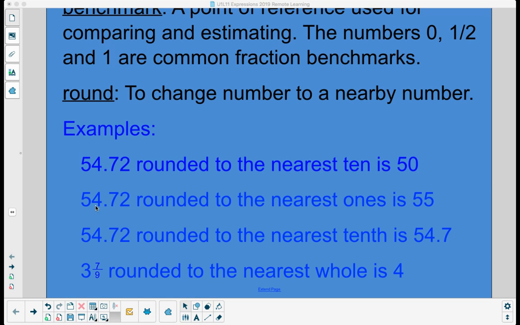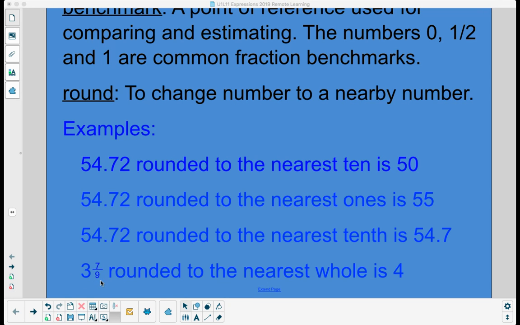When rounding to the nearest ones, it takes 5 tenths to be halfway to another 1 whole. I have more than 5 tenths, so I round up to 55 ones. When I round to the nearest tenth, it takes 10 hundredths to make a tenth. So 5 hundredths would be halfway, and I only have 2, so I'm not there.